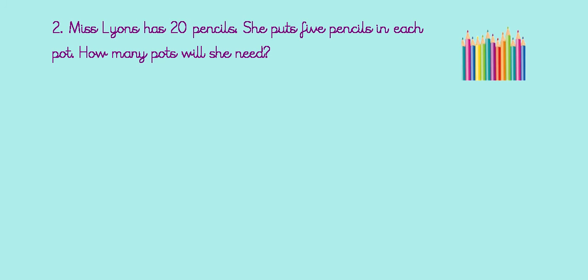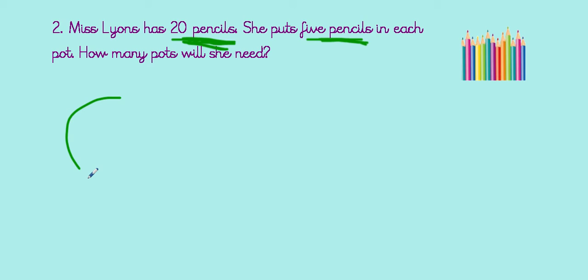Question 2. Miss Lyons has 20 pencils. She puts 5 pencils in each pot. How many pots will she need? Now this is a trickier one because rather than sharing, we're going to be grouping, so it's a bit different. Let's have a look at this question together. She has 20 pencils to start with, so that's our total, you're right. She puts 5 pencils in each pot.